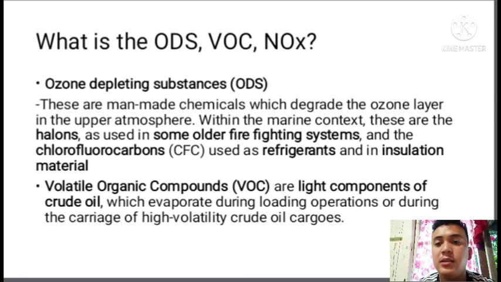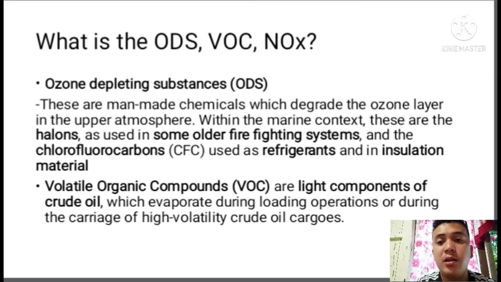And last is methyl bromide, CH3Br. The use of these chemicals is controlled by the Montreal Protocol on Substances that Deplete the Ozone Layer. There are other ozone depleting substances, but their ozone depleting effects are very small, so they are not controlled by the Montreal Protocol.